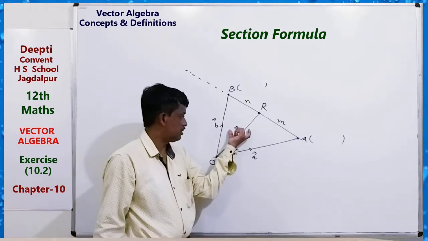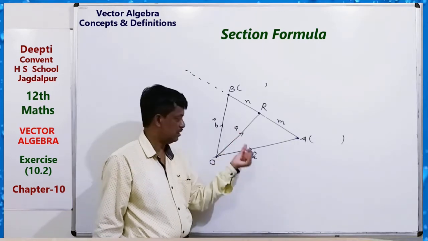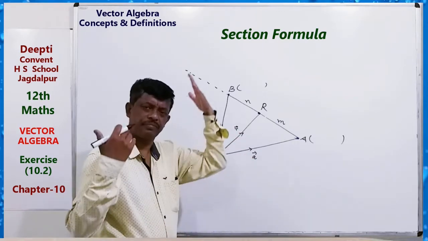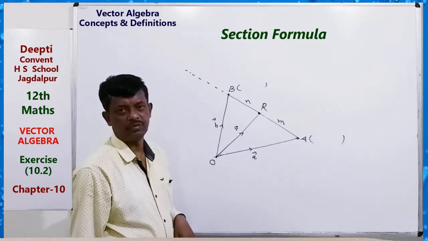Then the position vector of R can be written in terms of these, just like the 2D and 3D formula.